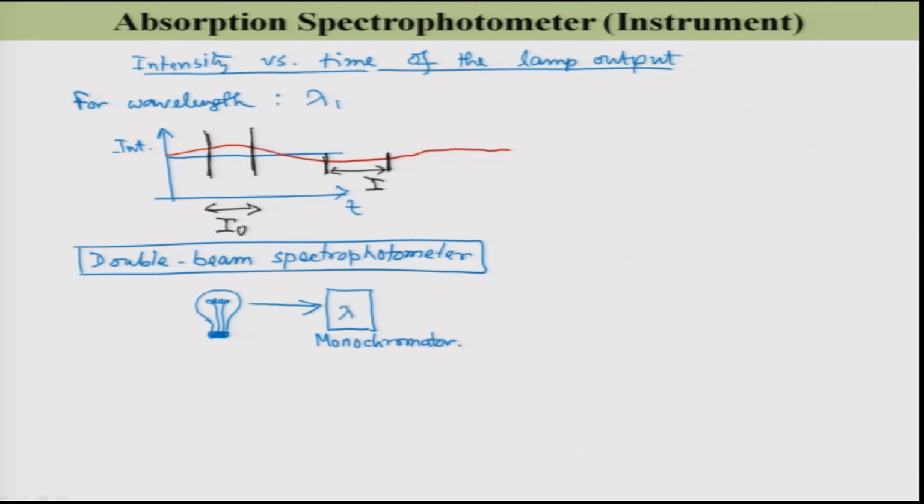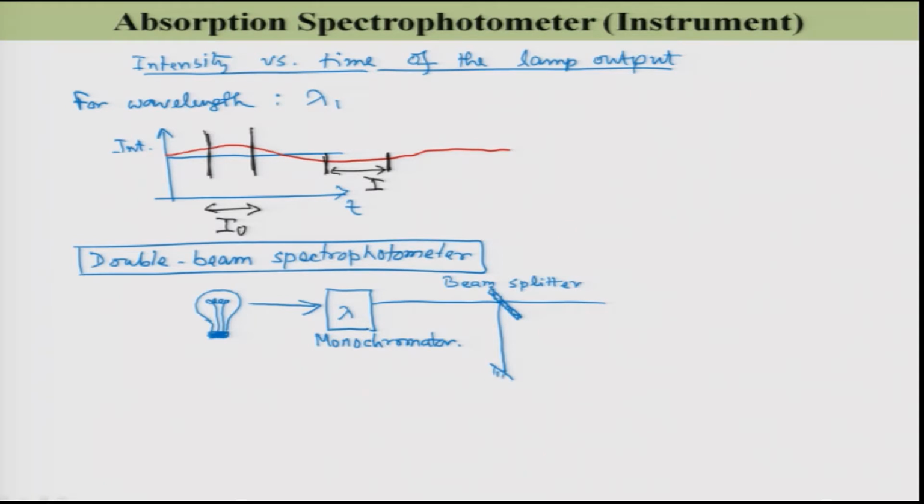You can set which lambda you want, and then I will do something whereby this light will be divided into two paths. So, I will use some optical element over here. This optical element is known as a beam splitter, by which the light will be divided into two paths.